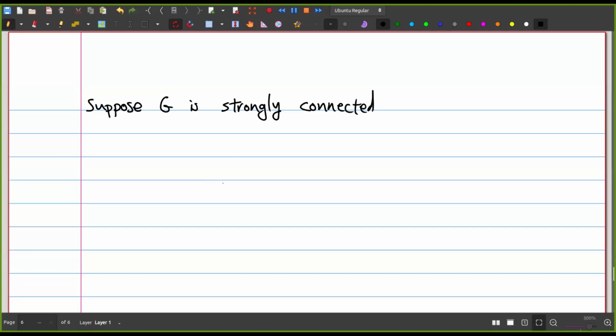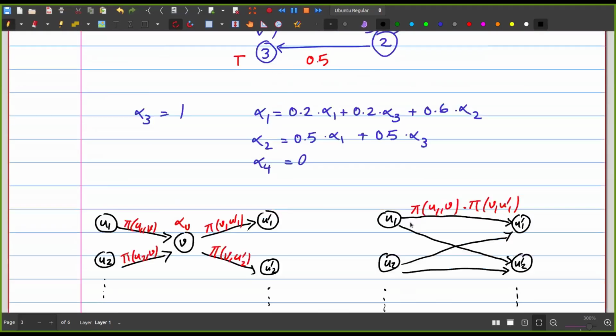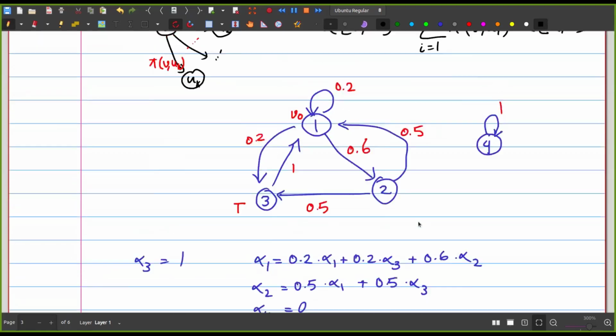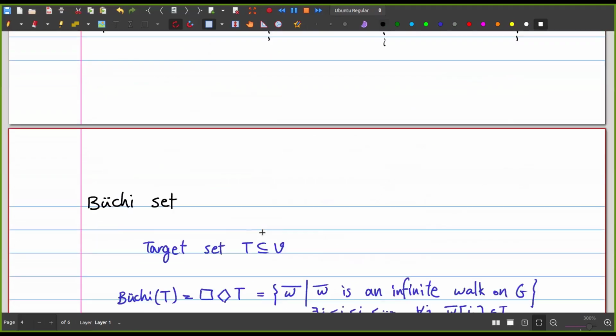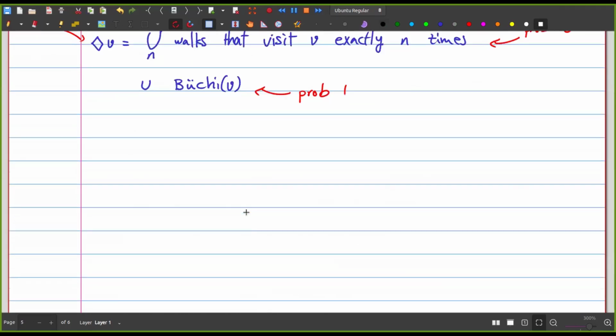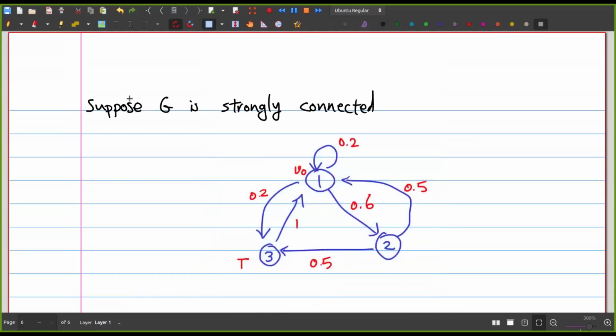Okay. So for example, I can go up here. Yeah, I can copy this one. This is strongly connected. And let's say I have a starting vertex, V0.